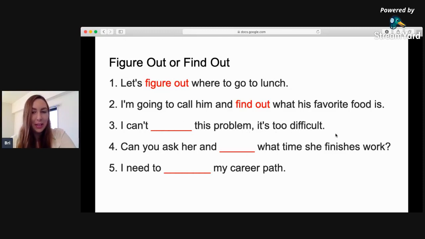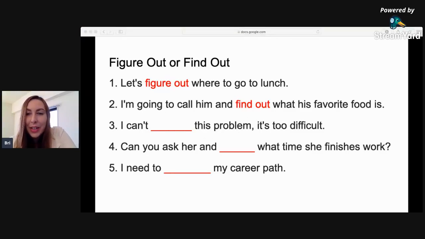figure out this problem. It's too difficult. So I can't figure out this problem or find out this problem. So this problem could be a math problem or something like that, academic. Oh, very good.